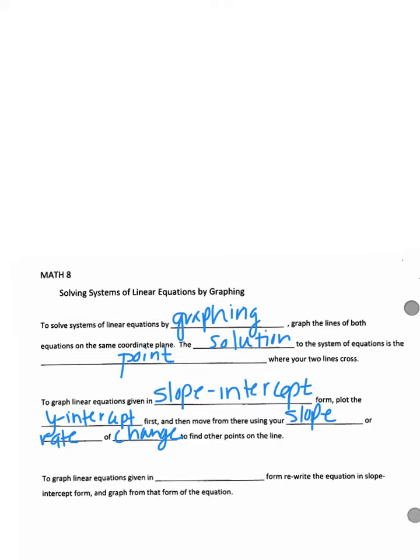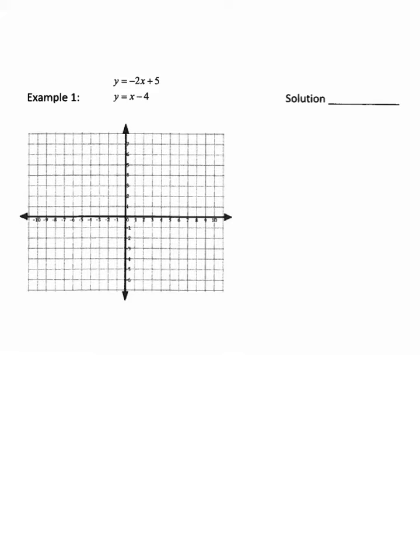To graph linear equations given in standard form, we're going to rewrite the equations in slope-intercept form and graph it from that form. So that's why we've been practicing that so far in this unit. So we always need to make sure that our equations are in slope-intercept form before we start actually graphing them.